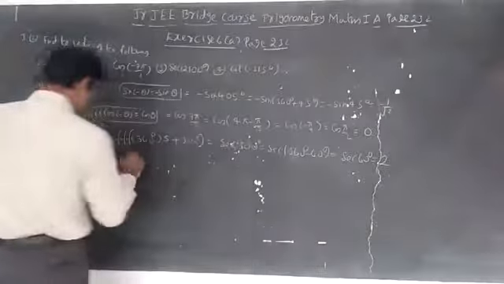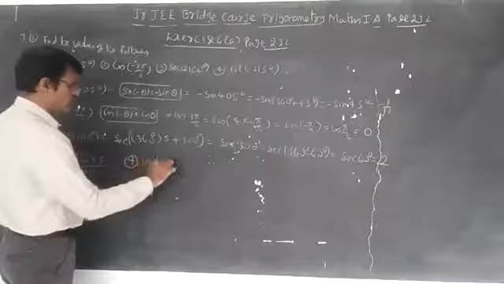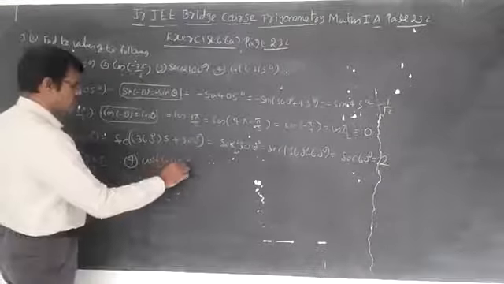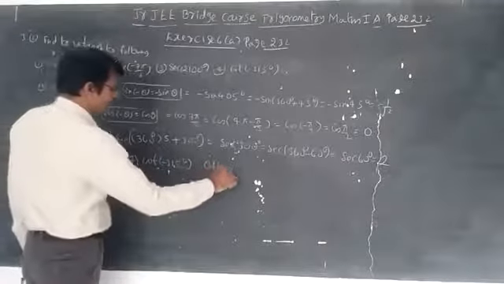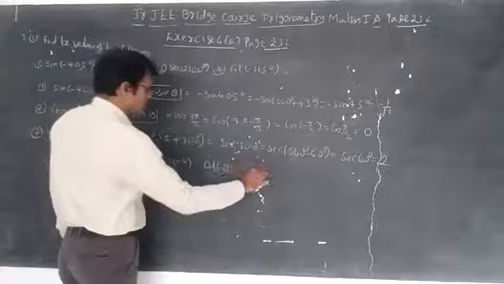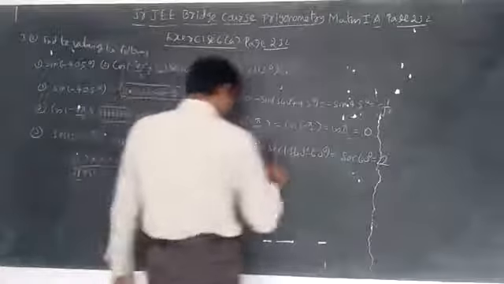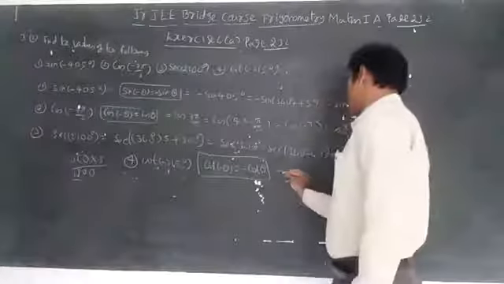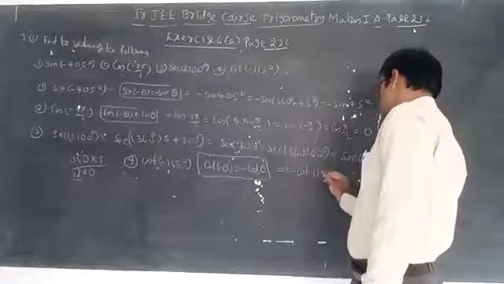Next, fourth question. Cot of minus 315 degrees. Cot of minus theta formula is minus cot theta. That implies you can write minus cot of 315 degrees.